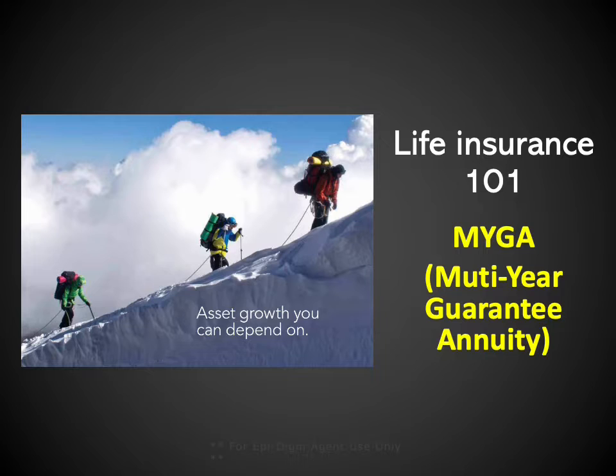Whereas MYGA is also a fixed annuity, but MYGA is a fixed interest rate for the duration of the guarantee. Let's say you have a 3-year MYGA, 3-year multi-year guarantee annuity, and let's say the interest rate is 3.9.